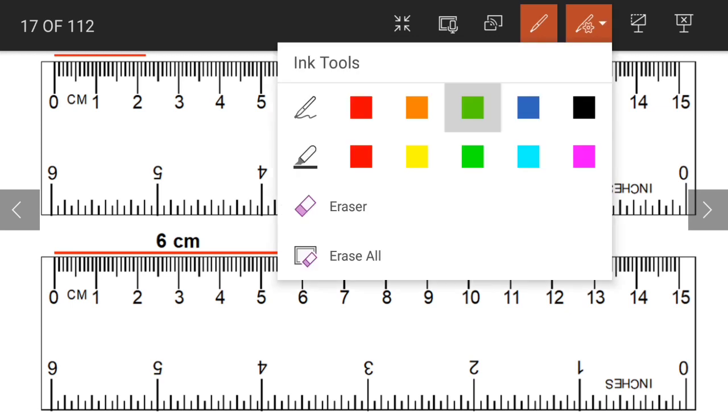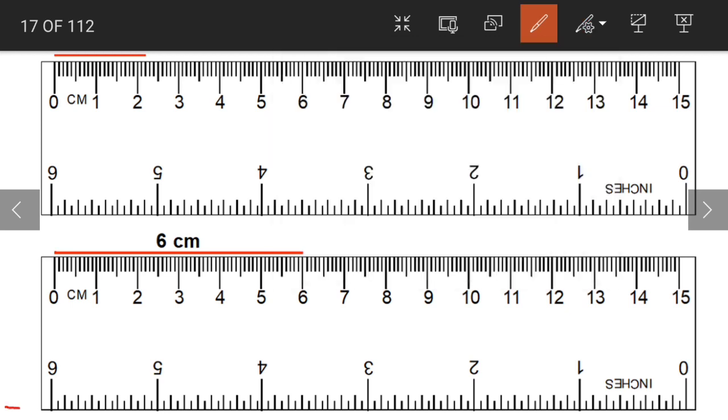If you place the ruler below the line segment such that the end point of the line segment and the end point of the ruler are coinciding, then this will be wrong. So always take care that you are starting the measurement from 0. The end point should coincide with 0.